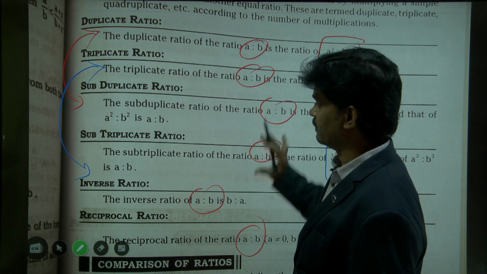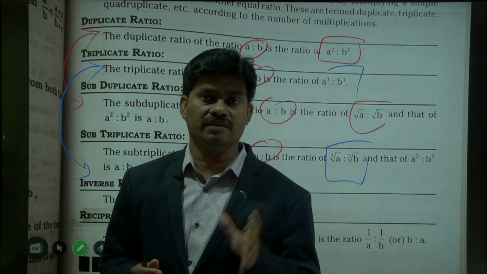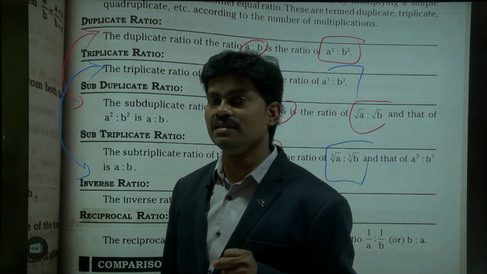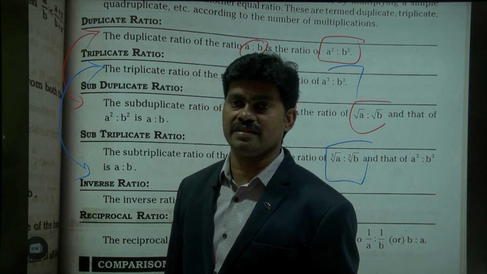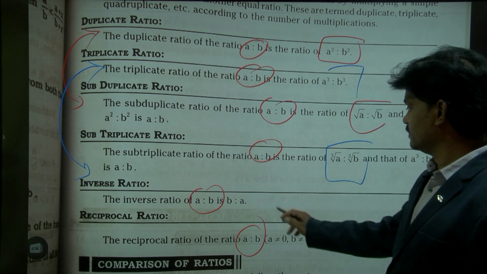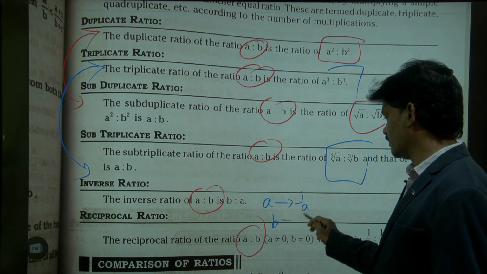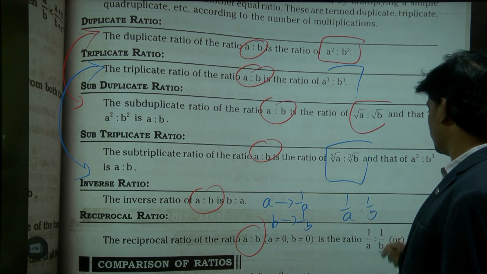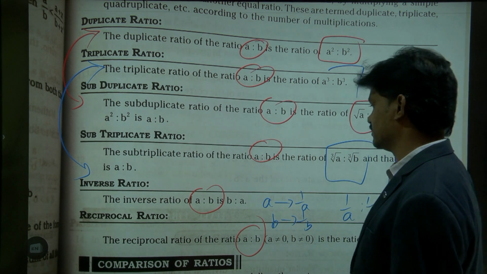Next, these 4 pairs over, inverse ratio. Just change the antecedent and consequent, the first term as second term and second term as first term. 2 is to 3, the inverse ratio is 3 is to 2. 4 is to 5, 5 is to 4. 5 is to 6, 6 is to 7. And reciprocal in the sense, A's reciprocal is 1 by A, B's reciprocal is 1 by B. So 1 by A is to 1 by B, or B is to A. Okay?